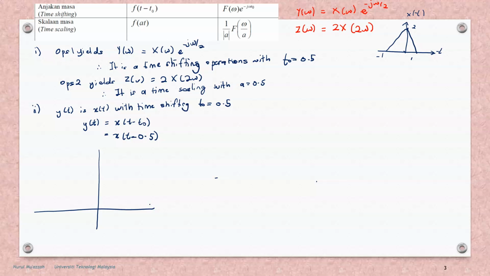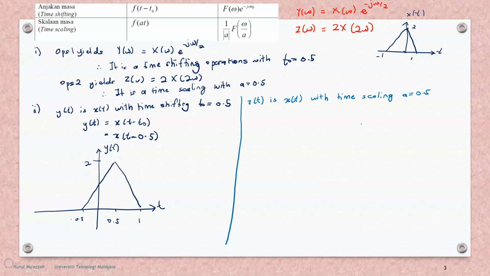So for y(t), it has been shifted by 0.5, and the signal will start from -0.5 to 1, and the amplitude remains the same. Now we have already answered question 2 for y(t).